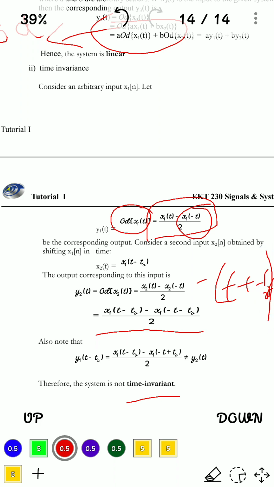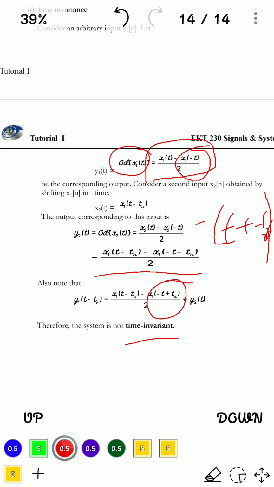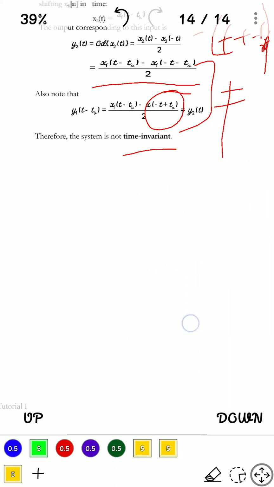You need not directly write minus t plus t naught; you need to put it inside the bracket if you get minus t. That is what he has done, so he got this particular result. Therefore this is not time invariant. OD of x of t is minus x1 of minus t by 2, so these two are different. Therefore it is a time variant system.